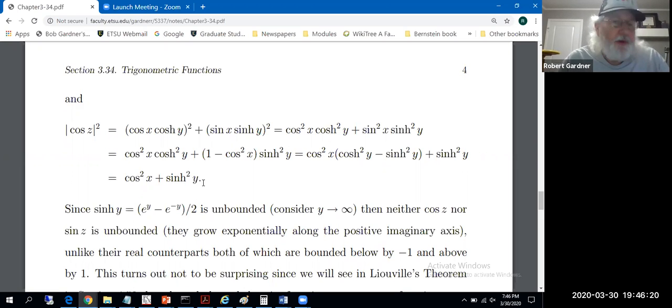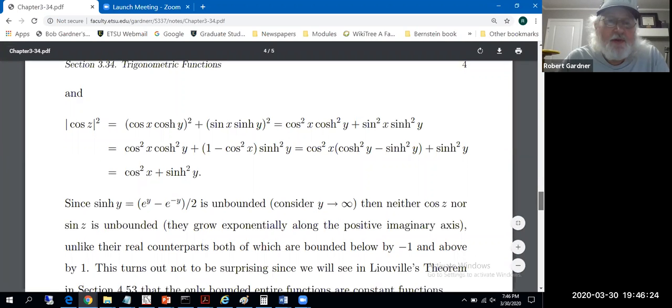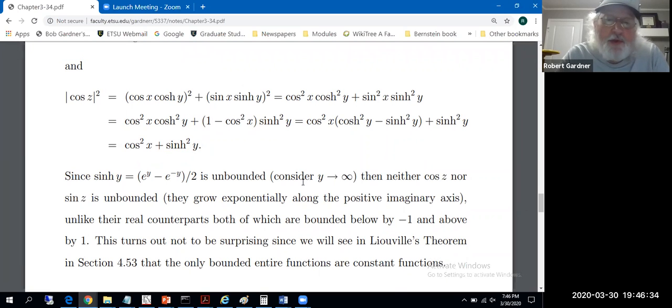Now that's weird, given your experience with trig functions of a real variable where you're used to sines and cosines just oscillating between -1 and 1. They do, if you restrict yourself to real inputs. But if you allow the imaginary numbers to come in, sine and cosine are unbounded functions in the complex setting.